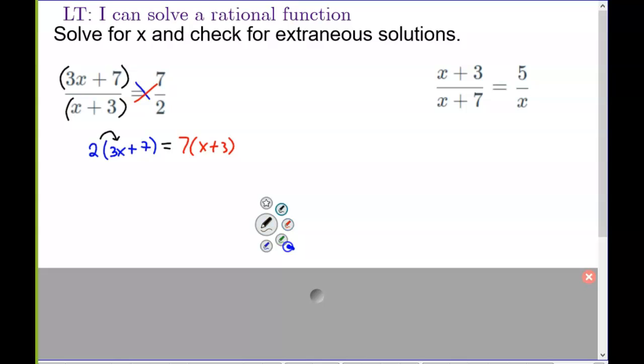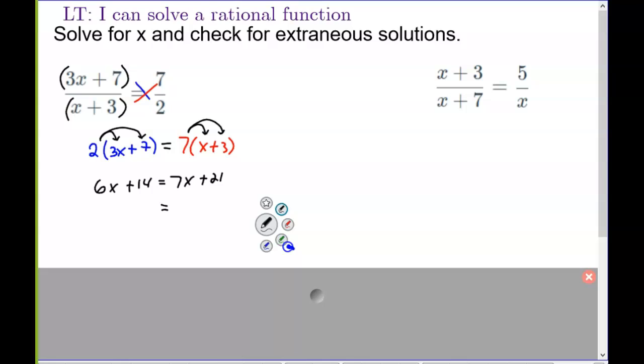And the error that most often occurs is not multiplying the second piece in the parentheses. So we're going to distribute the 2, distribute the 7, and then now it's just regular algebra.